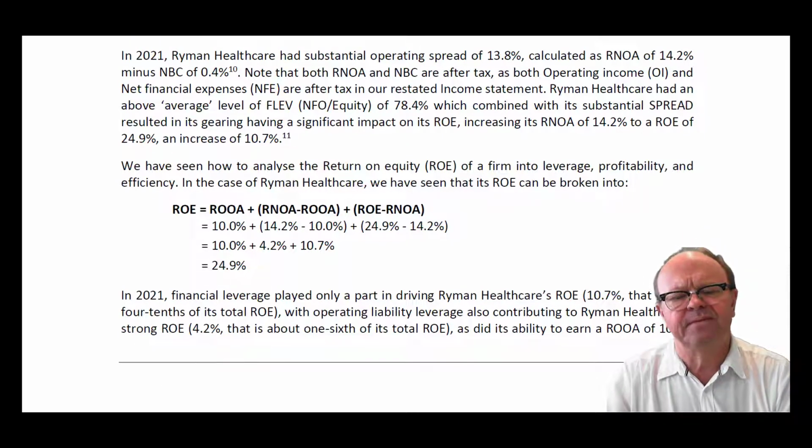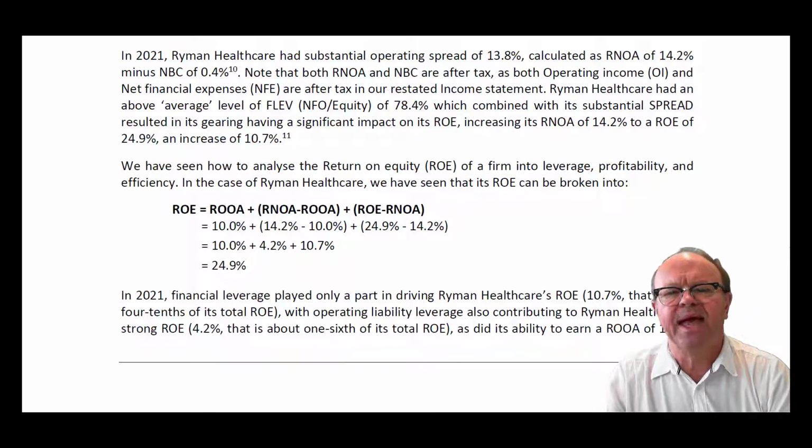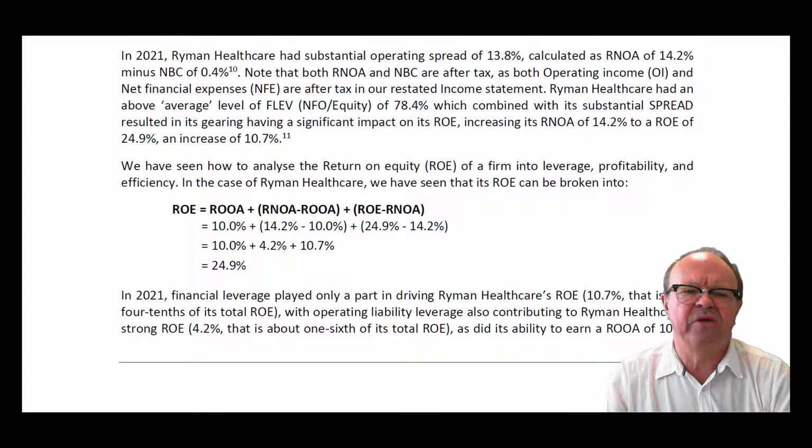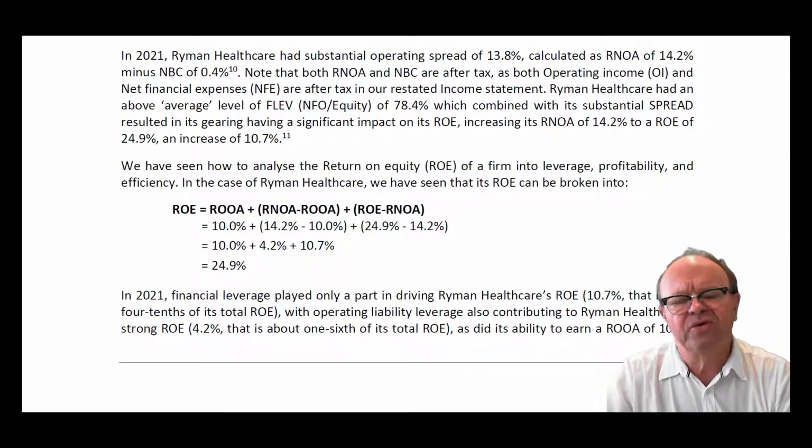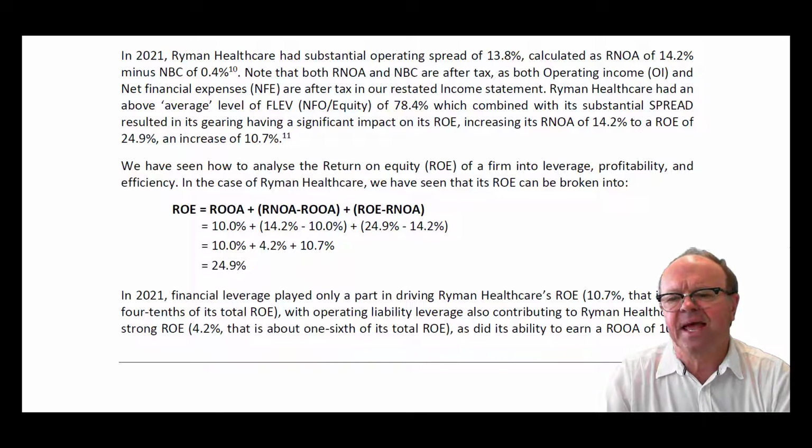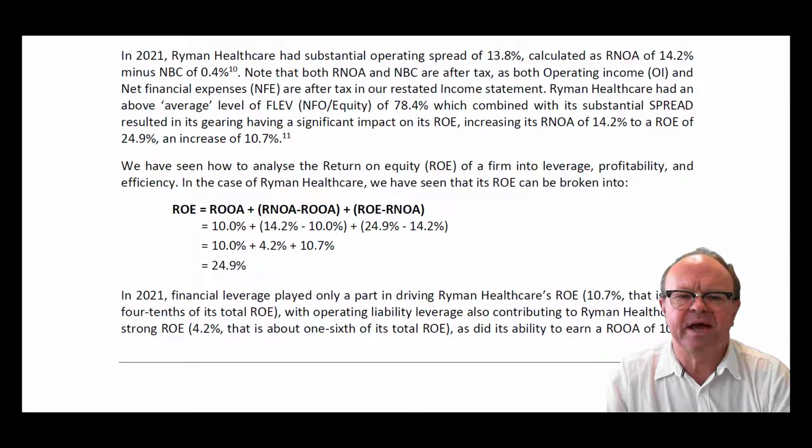In 2021, Ryman Healthcare had substantial operating spread of 13.8%, calculated as return on net operating assets of 14.2%, minus net borrowing cost of 0.4%. Note that both return on net operating assets and net borrowing costs are after tax, as both operating income and net financial expenses are after tax in our restated income statement.